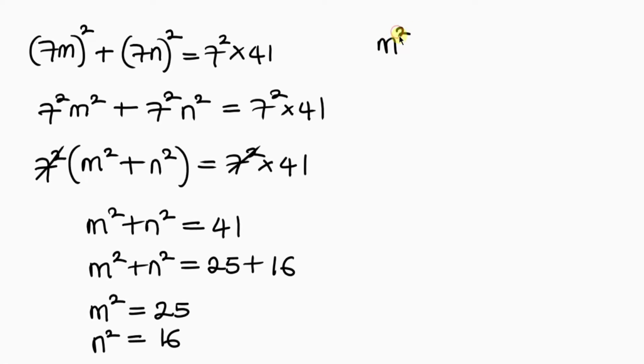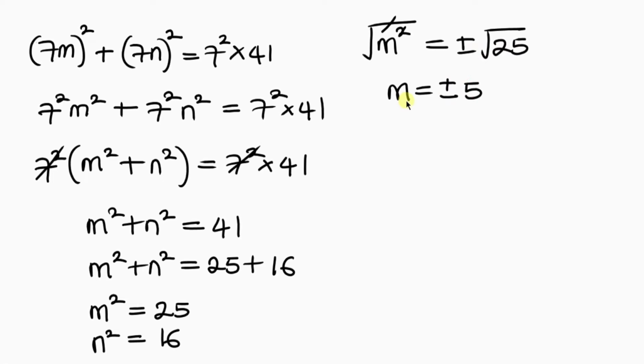And to get the value of m, we have to take the square root of both sides. So we have m squared, we'll take the square root on the left, equal to plus or minus the square root of 25. Now notice that this square root cancels out the square, leaving behind m equal to plus or minus the square root of 25, which is 5. But remember, m is a positive integer, so we are only picking m to be equal to positive 5.